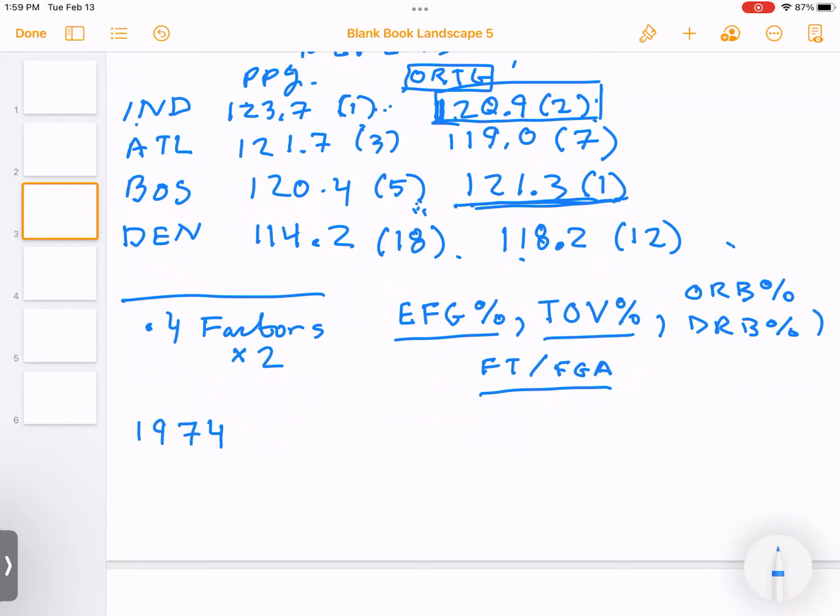And Dean Oliver published the book about 2003 or 2004, I'm not sure. Anyway, that's almost 30 years of data. And he would look over time, over all the teams, over all the years.